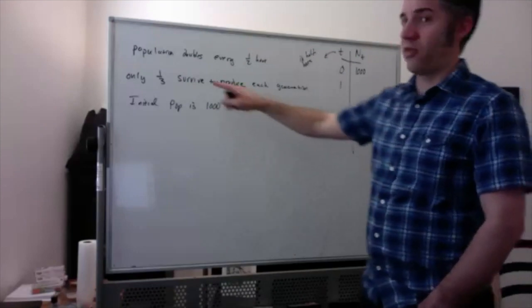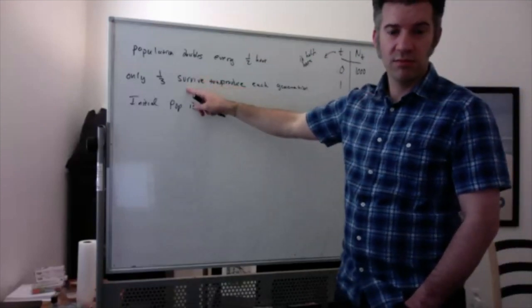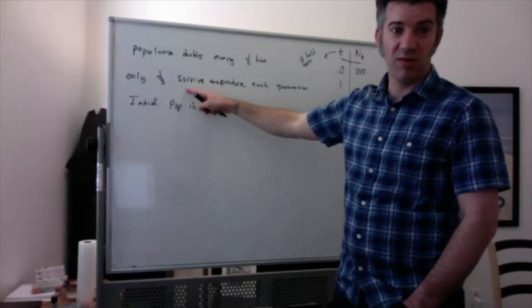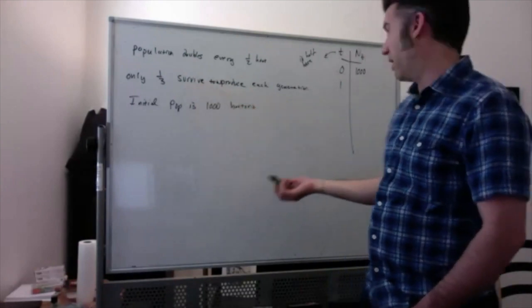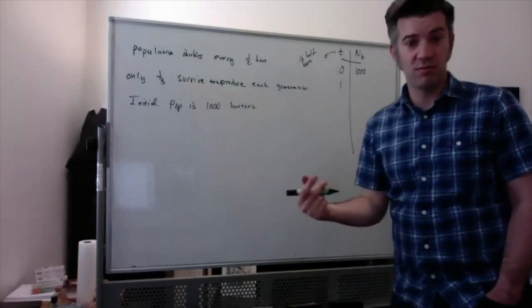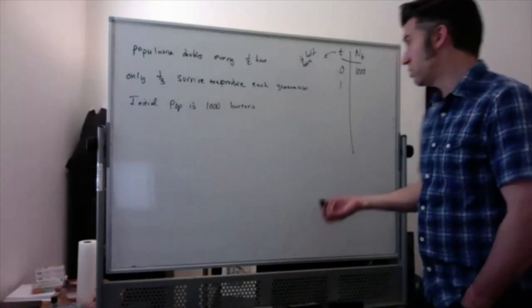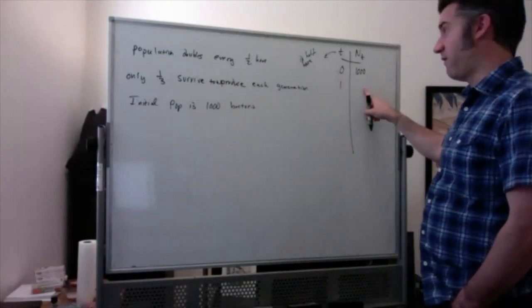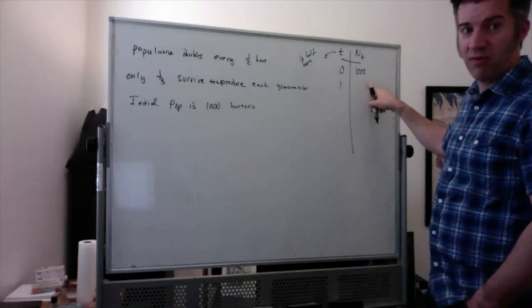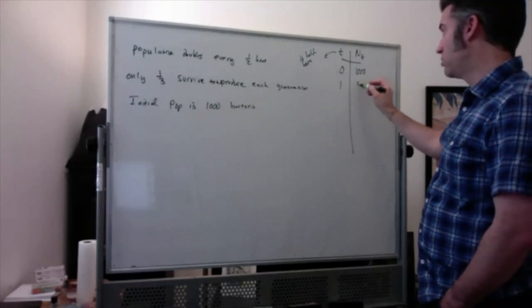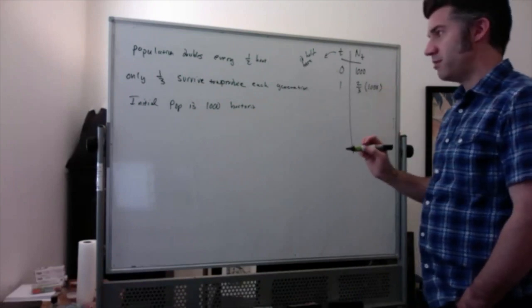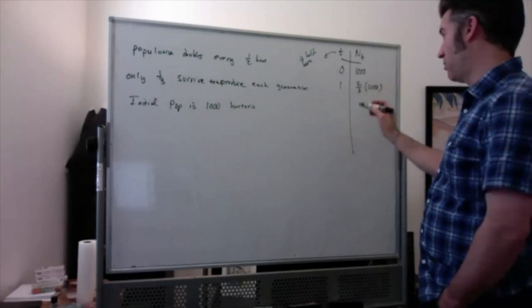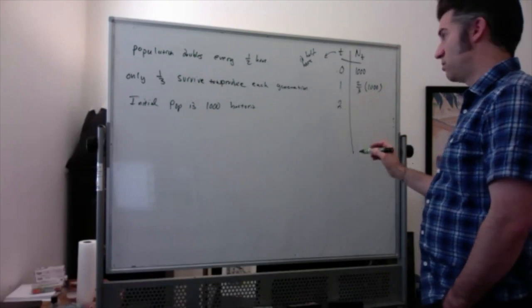Well, only a third survive. It would have been nice if we picked a number that started with a multiple of 3. Oh well. So only a third of them survive, and then each of those splits into 2. So after a half hour, we're going to have a third of 1,000 times 2, or 2/3 of 1,000. And after another half hour, the same thing's going to happen.